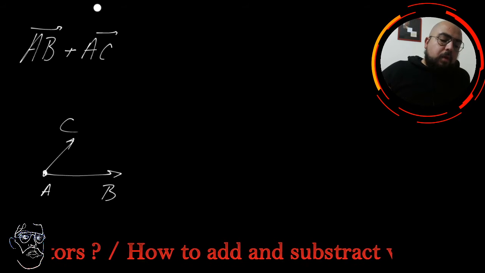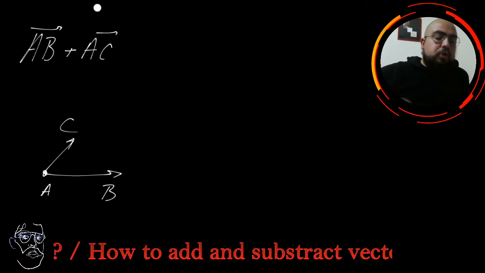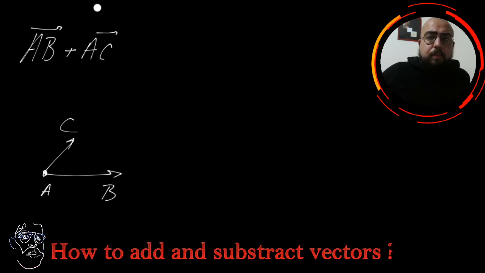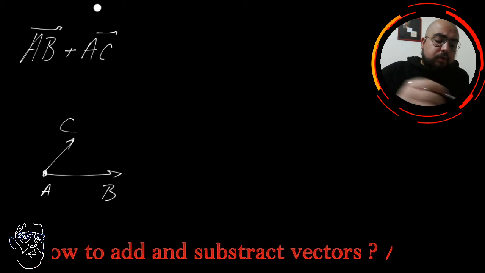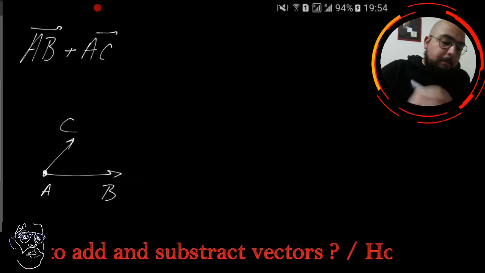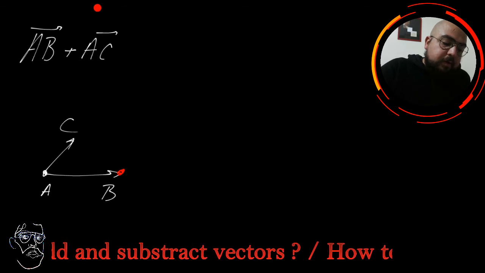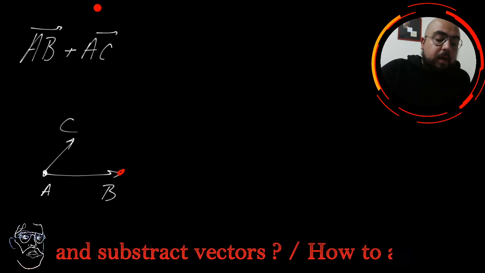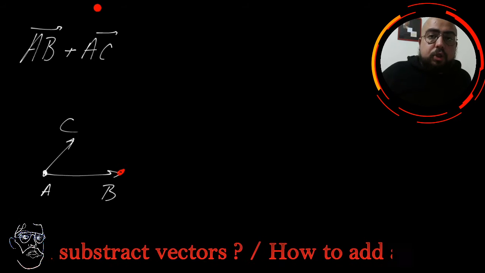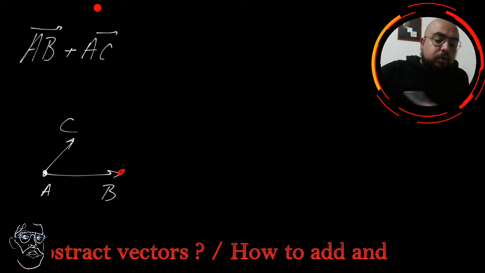Instead of doing this sum directly, you can simply do the translation of a certain vector, let's say the vector AC or the vector AB. I'm going to do the translation of the vector AC at the point B. What do I mean by translation? It means that I'm sliding my vector without changing the direction, the sense, or even the magnitude.